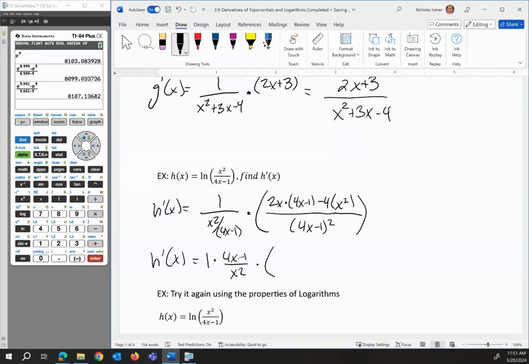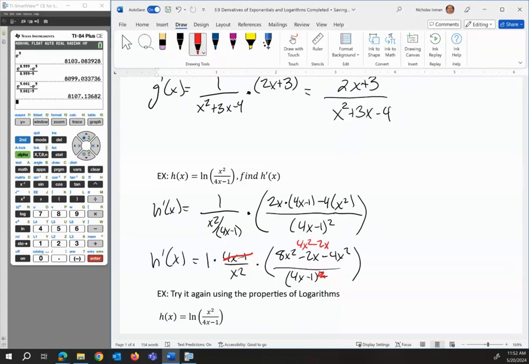And this thing, we've got what? We can distribute that. 2x times 4x, that's 8x squared minus 2x minus 4x squared. This 4x minus 1 can reduce with one of those 4x minus 1s. The top here, we got 8x squared minus 4x squared, that's 4x squared minus 2x.